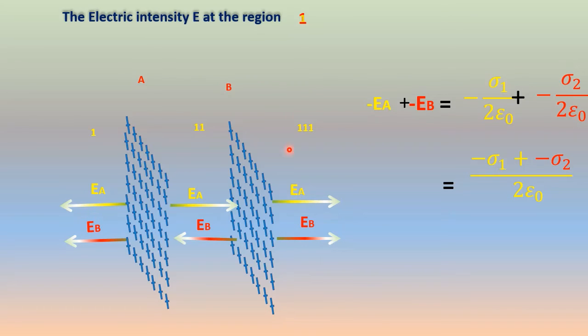So we can write minus EA plus minus EB is equal to minus sigma 1 by 2 epsilon 0 plus minus sigma 2 by 2 epsilon 0. So we can write it as minus sigma 1 plus minus sigma 2 divided by 2 epsilon 0. This is the electric field intensity at this region. It is in the negative direction.